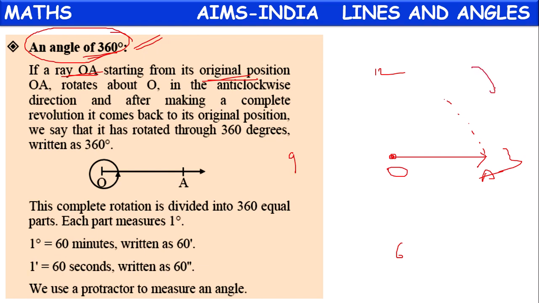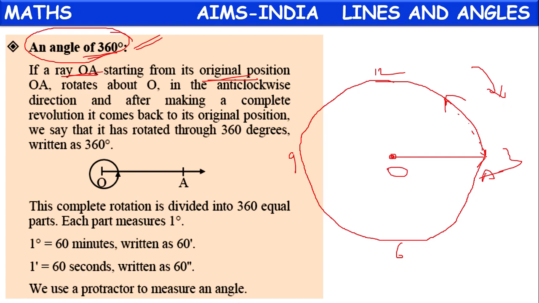Like this means it is a clockwise direction. If it goes like this, in this direction, then it is anti-clockwise. In the anti-clockwise direction, after making one complete rotation around O, it again comes back to A.